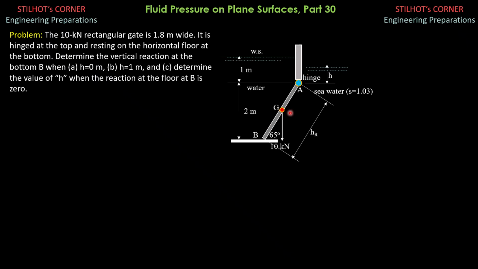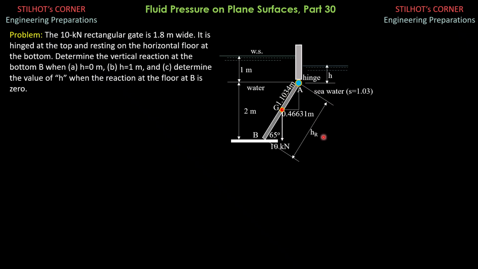But before that, from A to G is half of 2. This is 1 meter. The angle is 65. So this horizontal distance between G and A is 1 divided by tangent 65, while half of the height of the gate is 1 divided by sine 65, and these are 0.46631, and half of the height of the gate is 1.1034 meters.